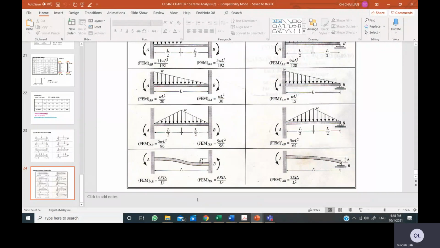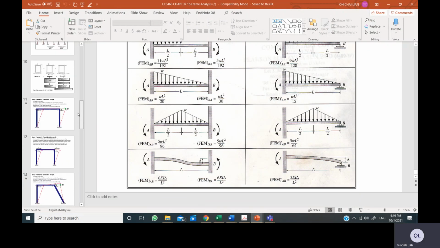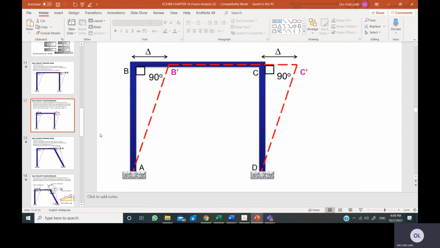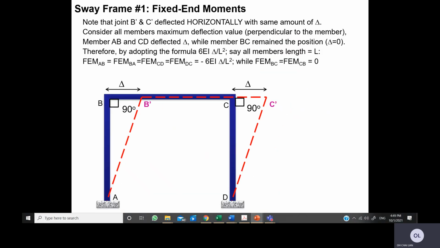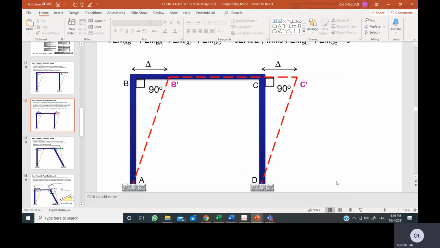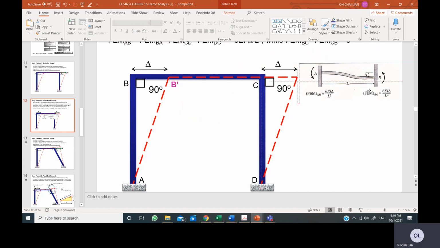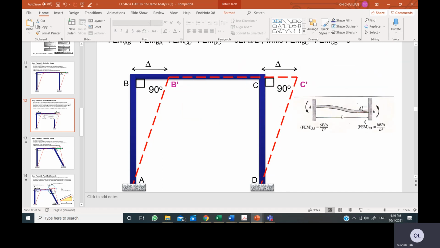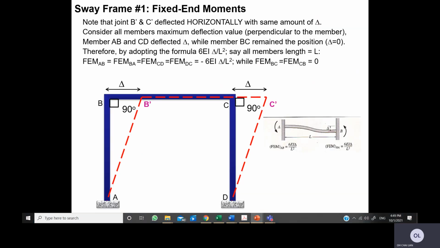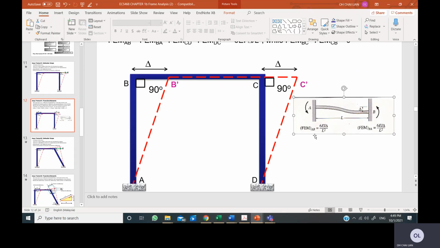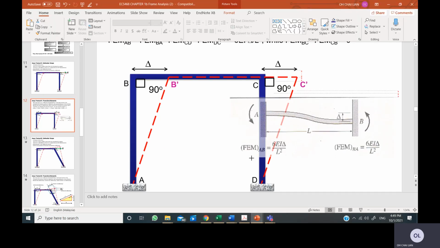I'm going to copy this and put it to the page for our discussion. Make it a bit bigger.